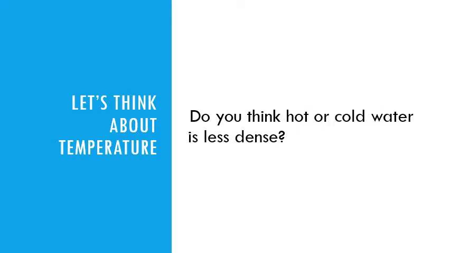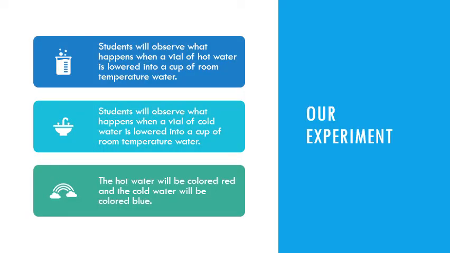Let's think about temperature. Do you think hot or cold water is less dense? Students will observe what happens when a bottle of hot water is lowered into a cup of room temperature water. And then you're going to observe what happens to a bottle of cold water when it's lowered into room temperature water.